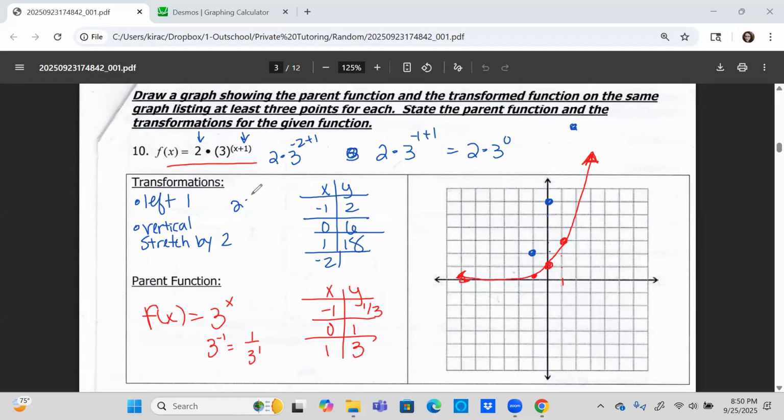So that'd be 2 times 3 to the -1. We already did 3 to the -1. It's a third. So this would be 2 times a third, so 2/3. So left 2, up not quite 1. So that's going to be moving up way faster because of the 2. That's what that stretch is going to do to you.